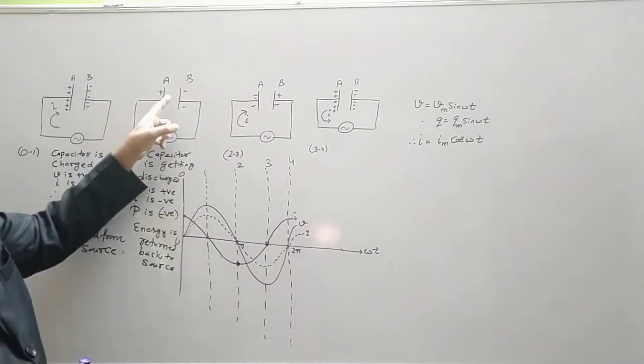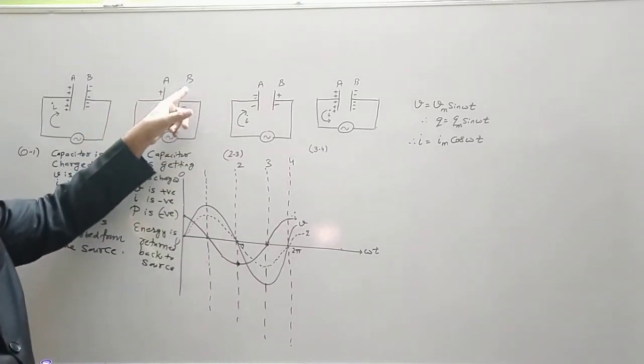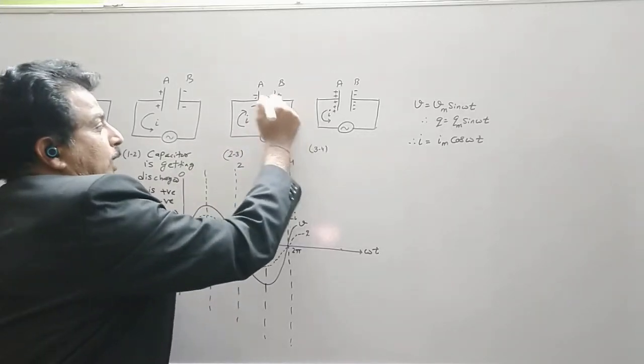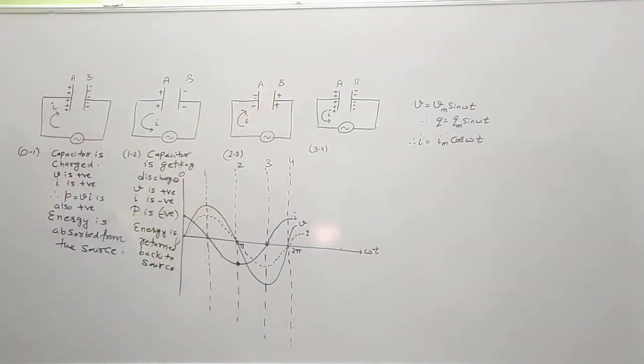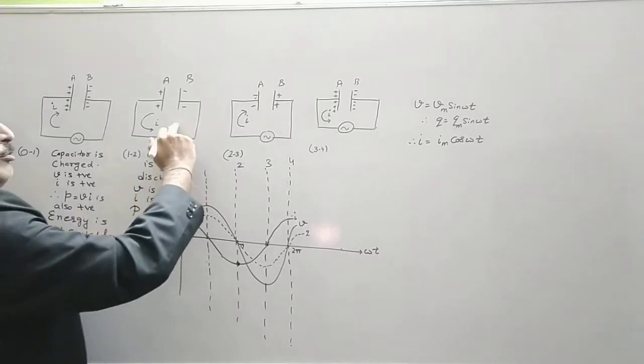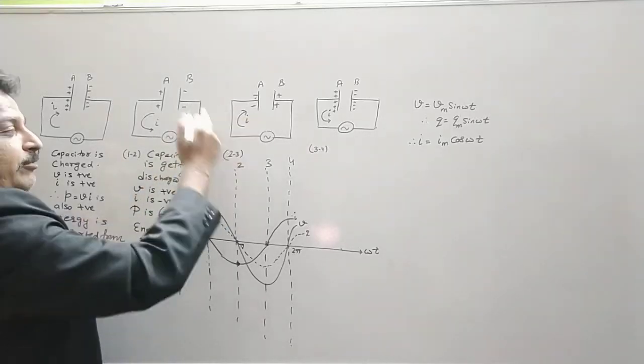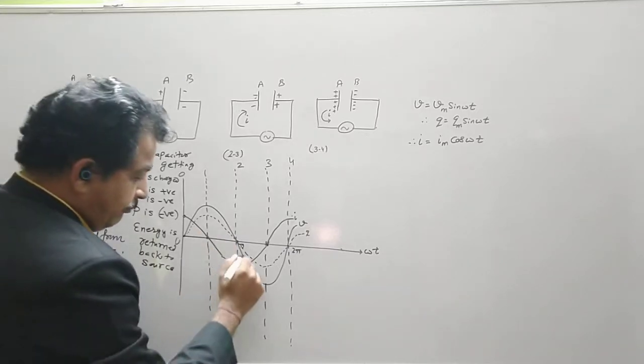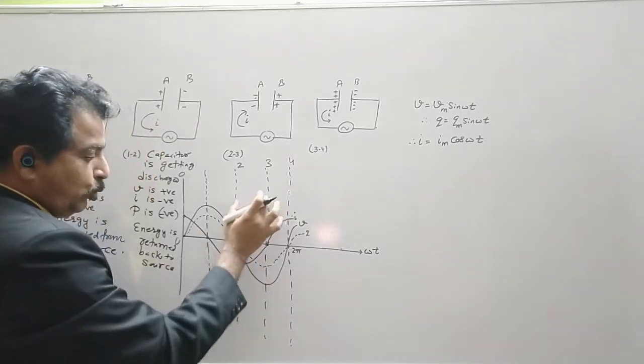So earlier it was B which was at negative potential, now B will be at positive potential and A will be at negative potential.